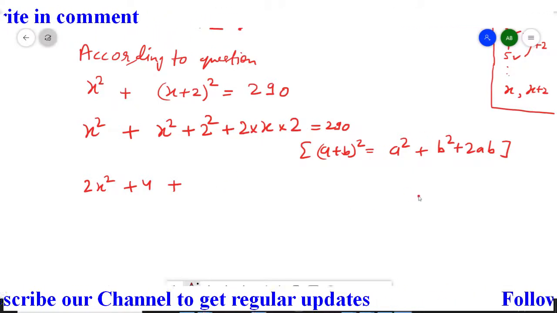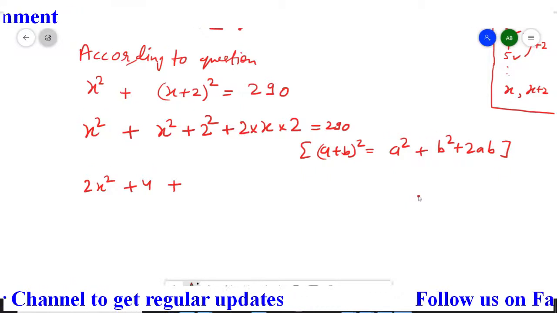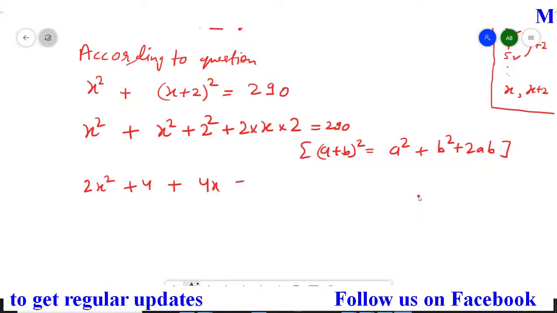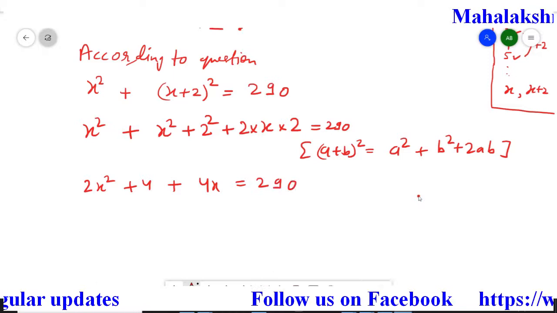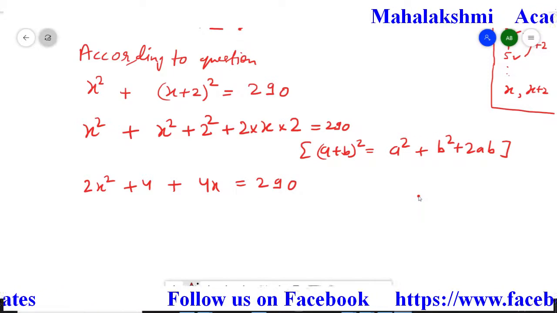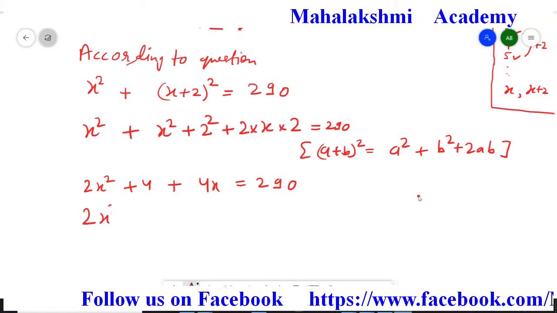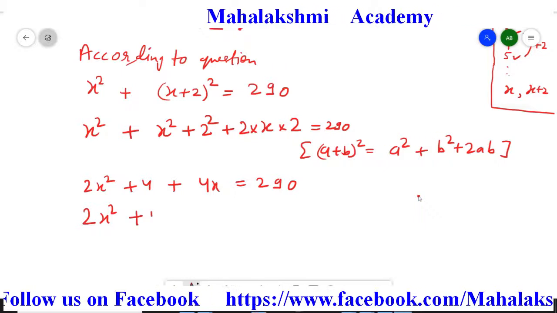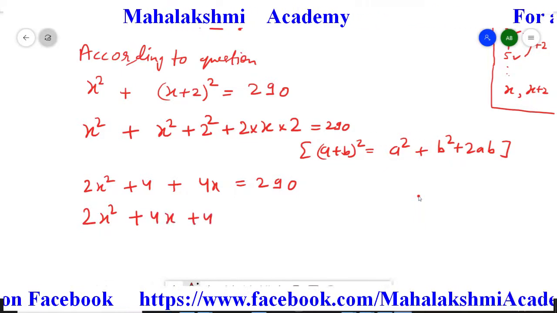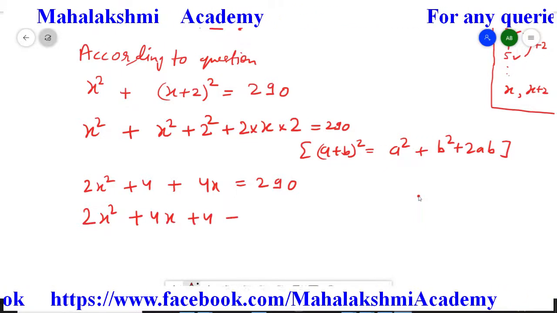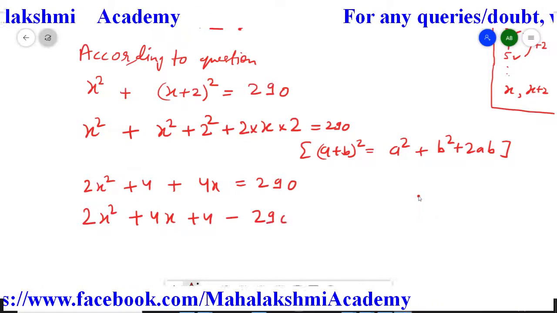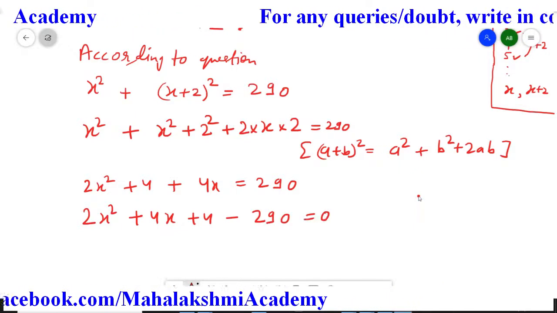So we write 4x is equal to 290. Now we write it as 2x square plus 4x plus 4. This 290 I am shifting to the left side, so the sign will change, so minus 290 is equal to 0.